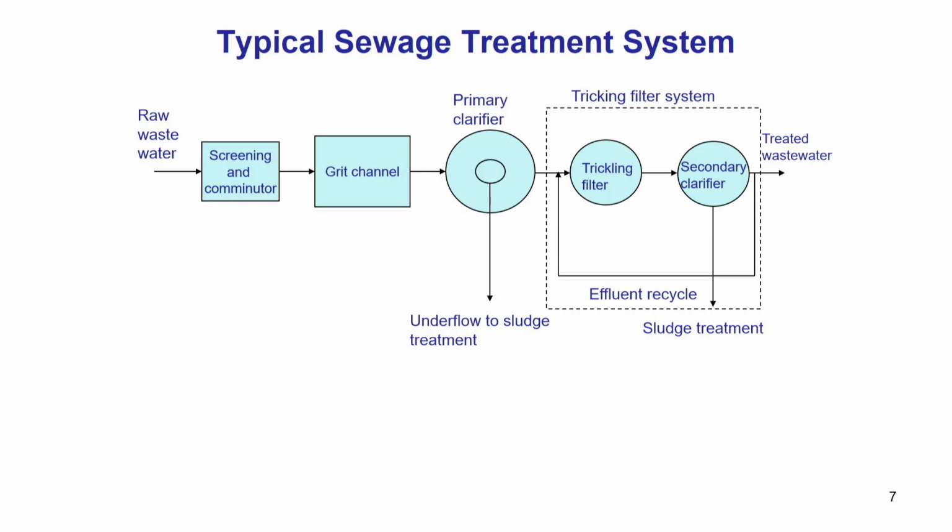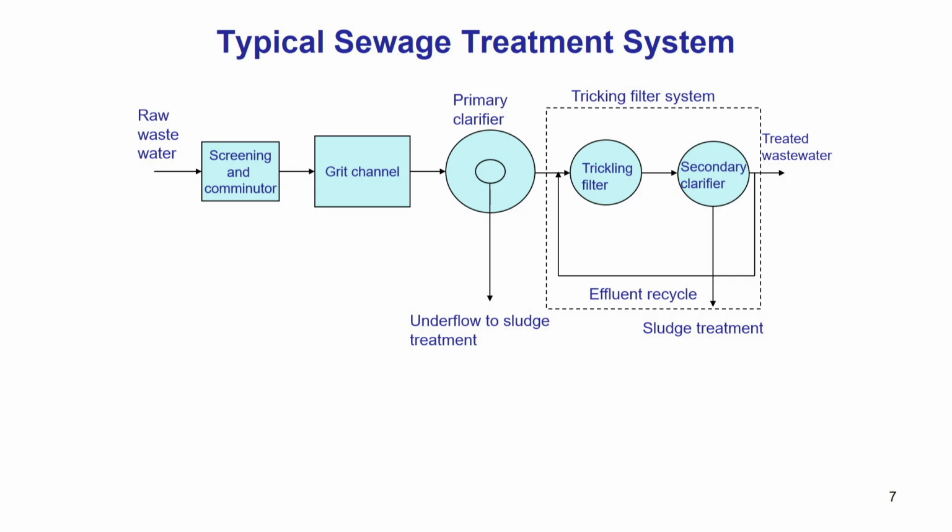Now this is the second variation. These are the two conventional methods which I am discussing here. The second one is the trickling filter system, a biological process. In the trickling filter system, there is a trickling filter, where the water is normally sprinkled from the top.